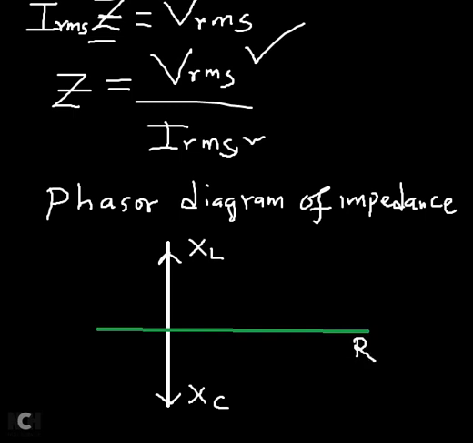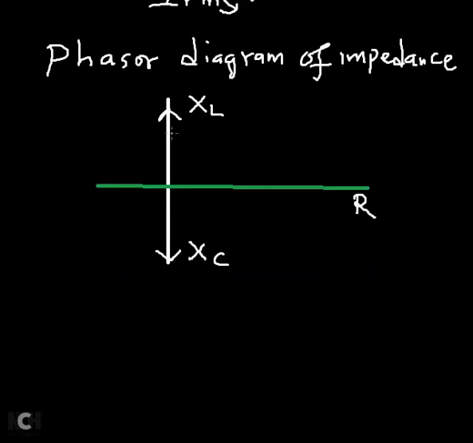So for you to get the impedance, the total opposition, this is the opposition due to the inductor, this is the opposition due to the capacitor, this is the opposition due to the resistor.